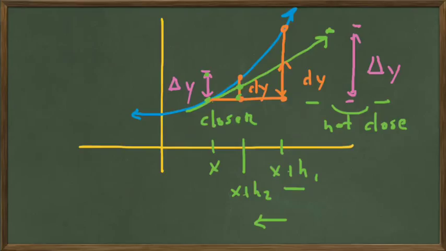So you can imagine that as the h value gets smaller and smaller, if we were right here, the dy and the delta y are very close together, and as h goes to 0, we'll see in examples that they get extremely close.